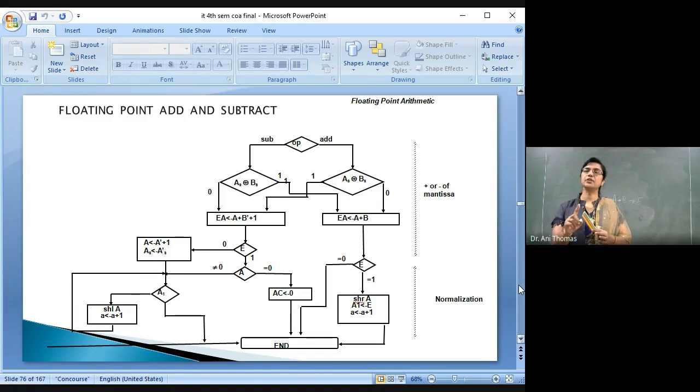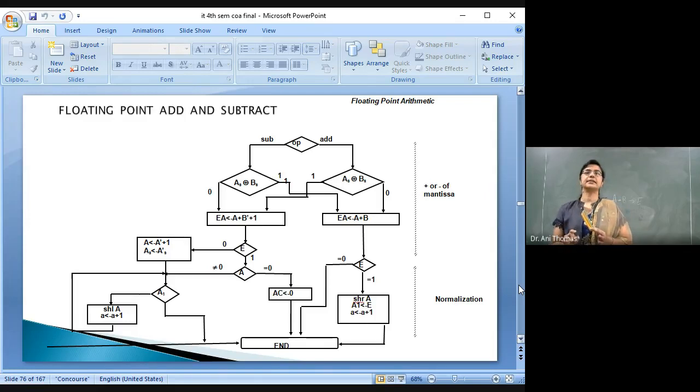That is because in the case of subtraction, if there is a carry, we discard that carry and store the result. If there is no carry, then the 2's complement of the number is stored as the result. And we know that in fixed point also, all this algorithm for addition and subtraction of mantissa is the same as that of fixed point addition and subtraction of sign magnitude numbers.